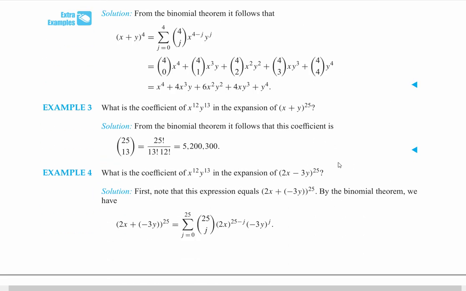And a similar one, but instead of x and y, like we did before, now we have 2x and minus 3y.